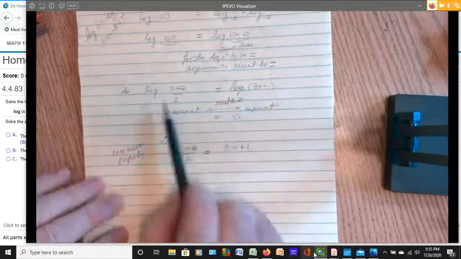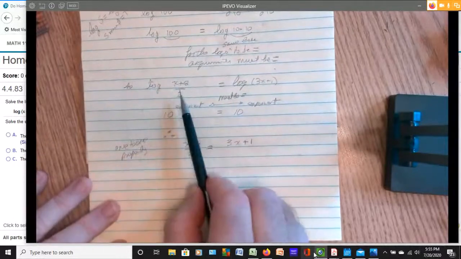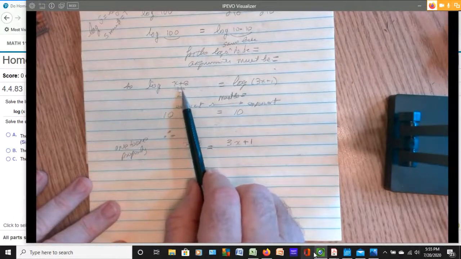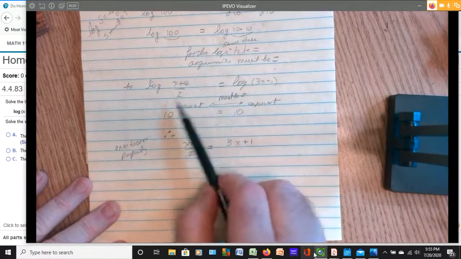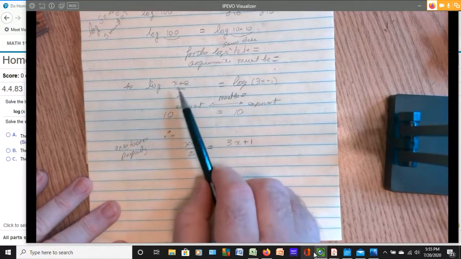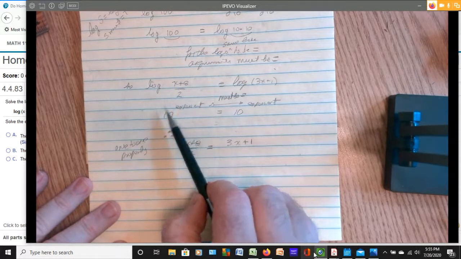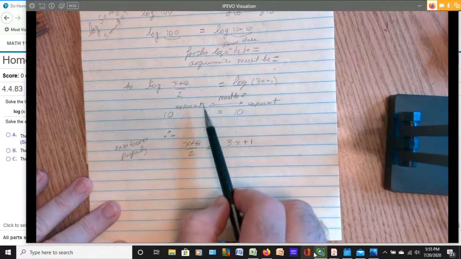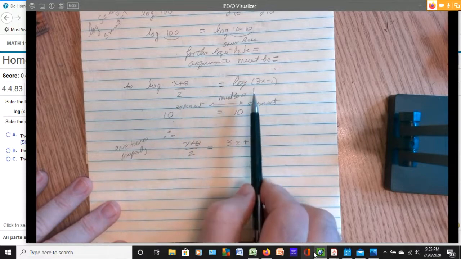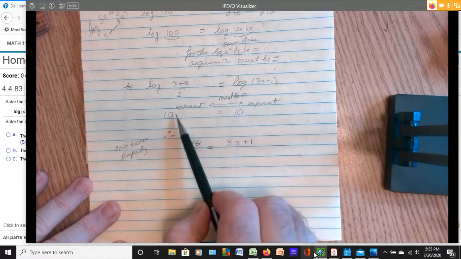Just one other way to think about this: if I were to write this in exponential form, there on this side there's 10 to some exponent, which equals 10 to some exponent. You with me?